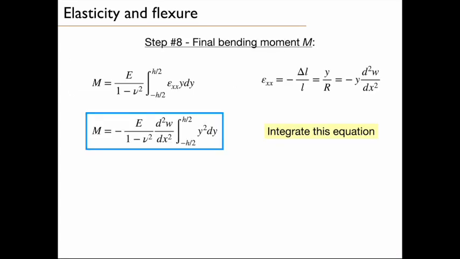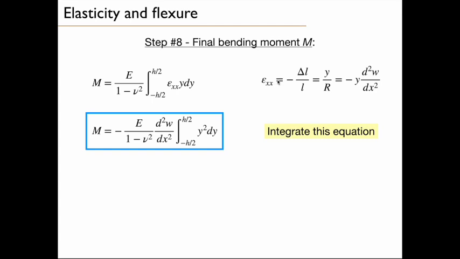So step 8. Now we want to compute the final expression for the bending moment. So remember, we derived this expression before. Bending moment as a function of the integral of the horizontal strain times y dy. Now we introduce the expression for epsilon xx that we derived just before.